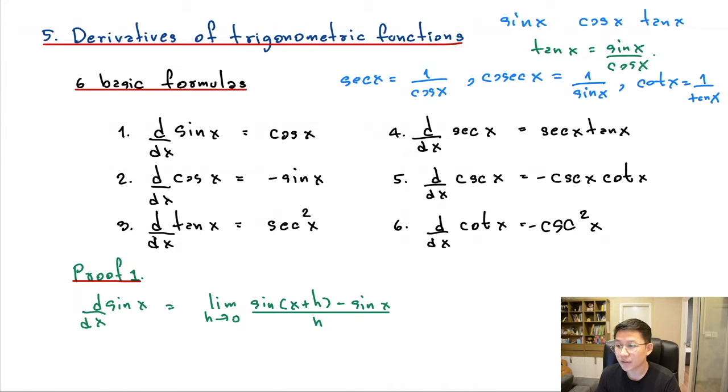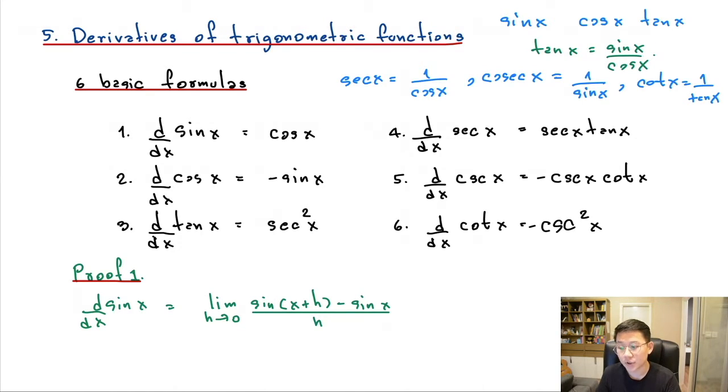So these 6 formulas are the basic formulas that you need to be able to remember. Let's look at each of them individually. The first one, the derivative of sine is cos. That's easy to remember.